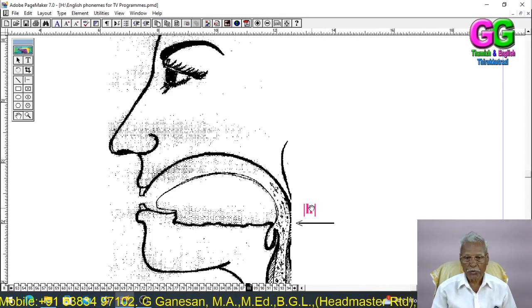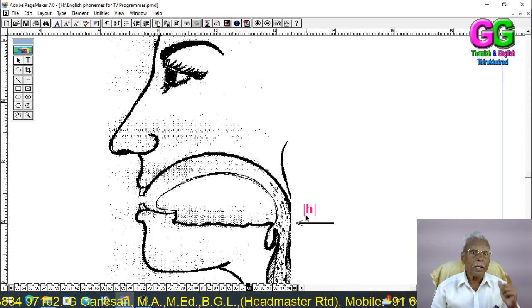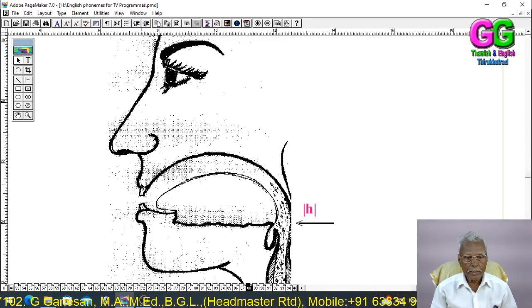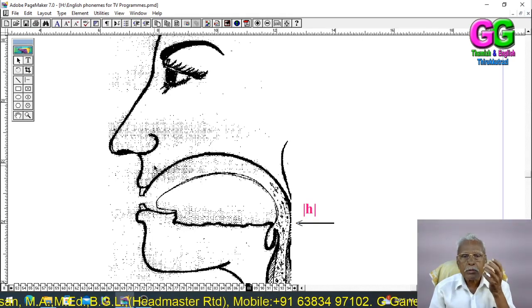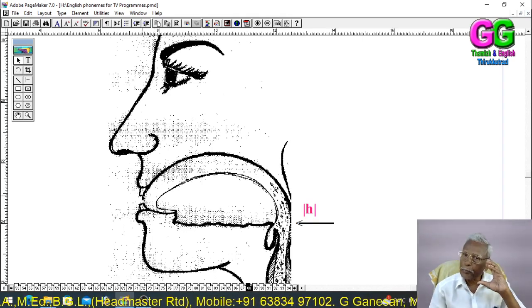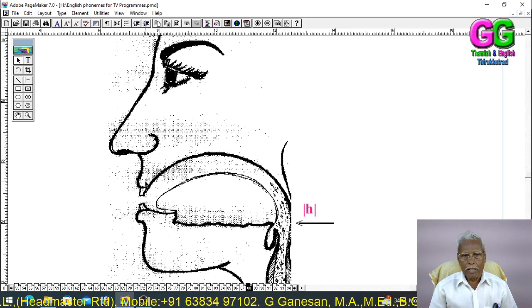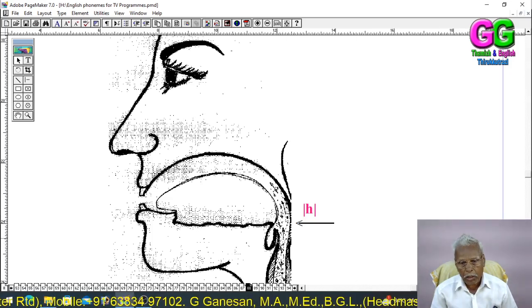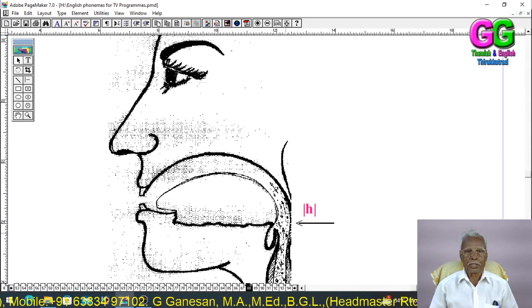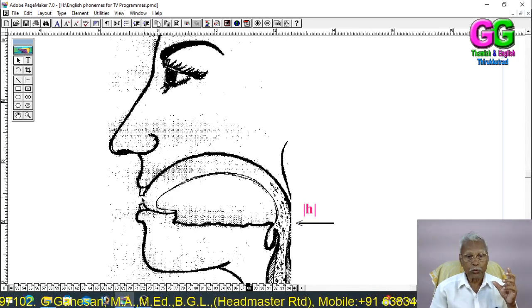You see, h is produced by keeping the mouth in the position of a vowel, then narrowing the glottis, and sending out the air pushed by the vocal cords through the mouth.